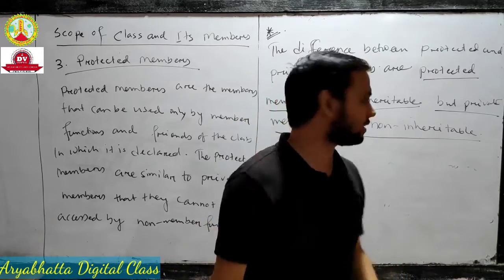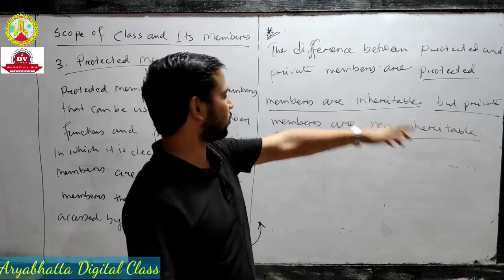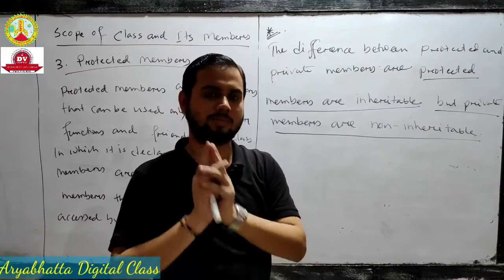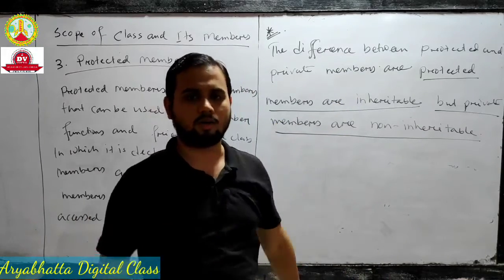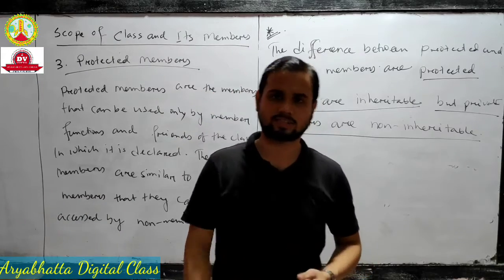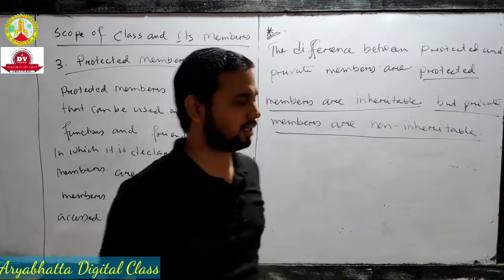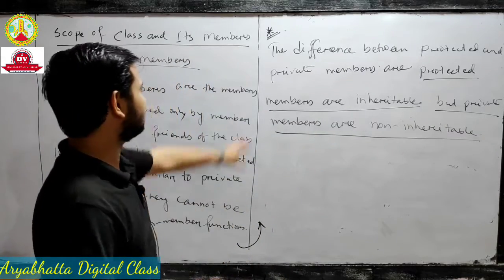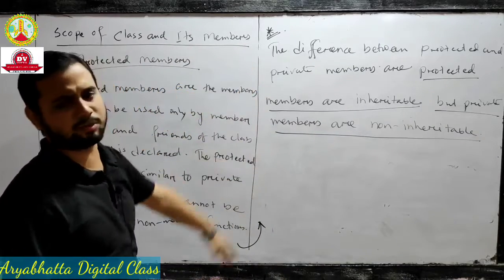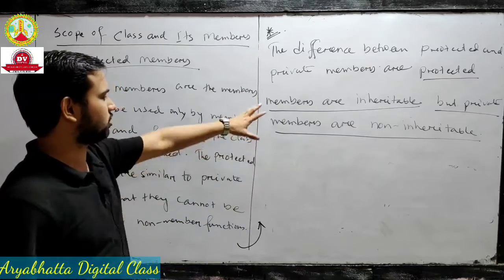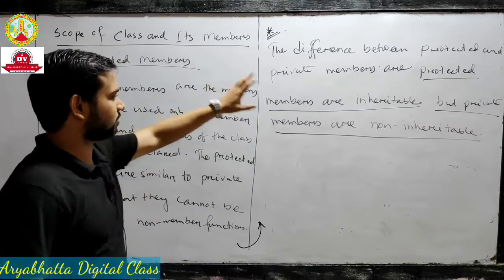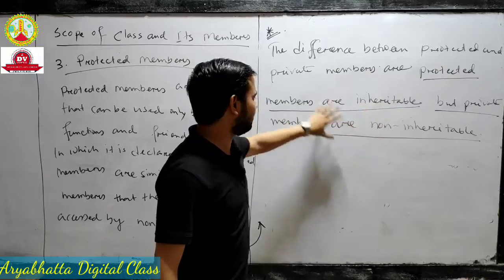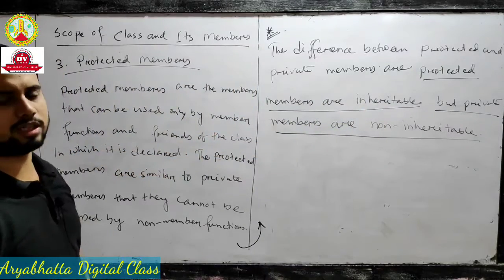Only one difference, that is the inheritance concept. Protected members are inheritable, but private members are non-inheritable. When we study the inheritance chapter, you will clearly understand the concept. This is the main difference, and this is frequently coming in the exam for 1 mark or 2 marks. You just note down. Other than this concept, both are similar.